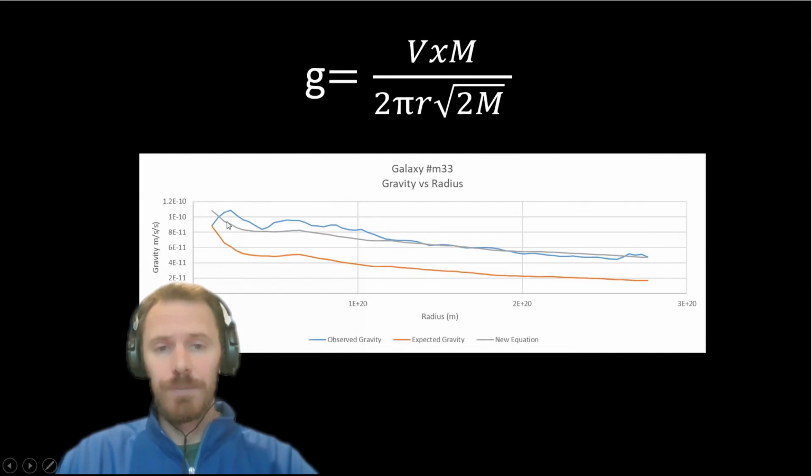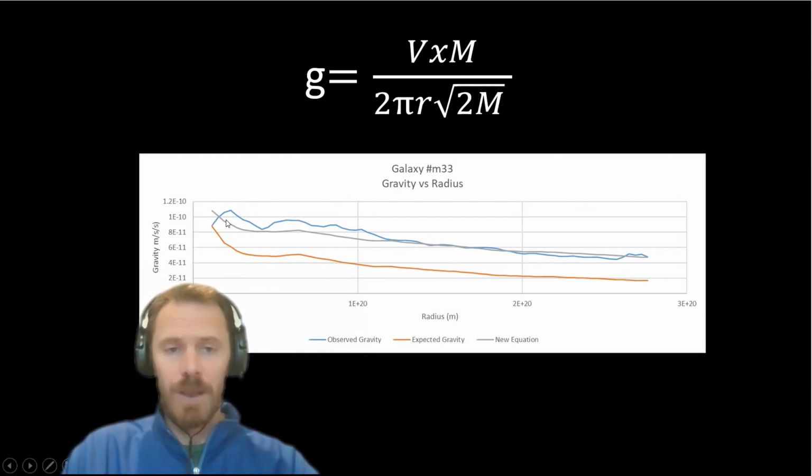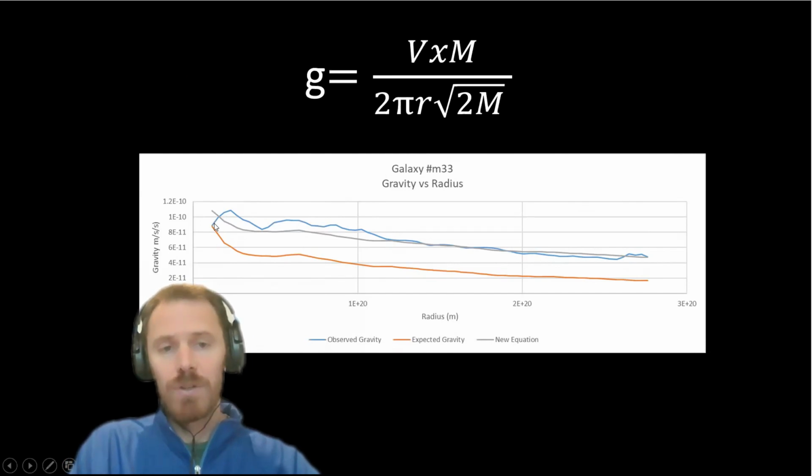Our new equation takes the visible mass of that galaxy and calculates a new gravitational acceleration. And as you can see here, using the visible mass of that galaxy alone, our calculation more closely resembles the observed gravitational acceleration in that galaxy.